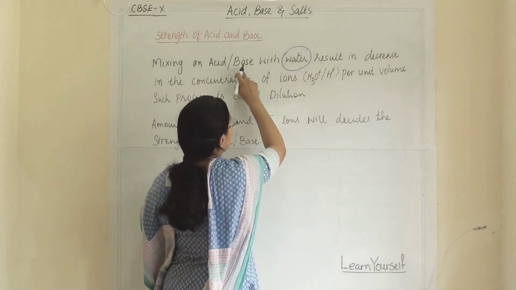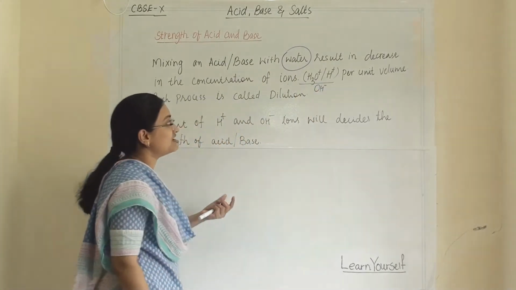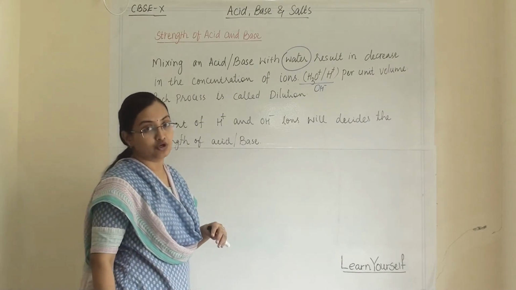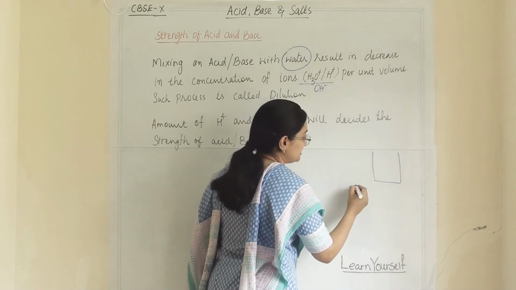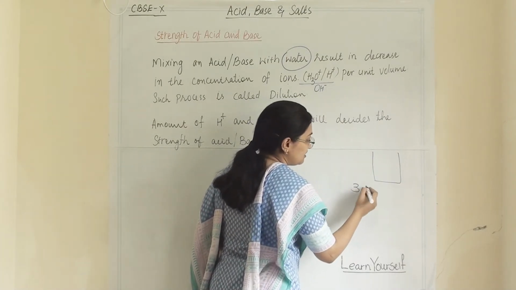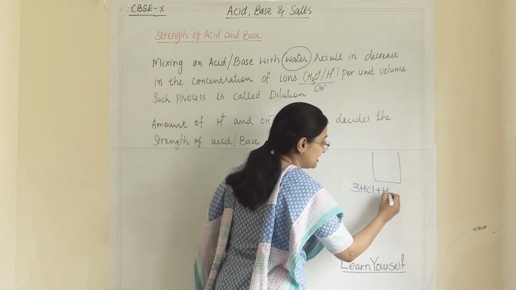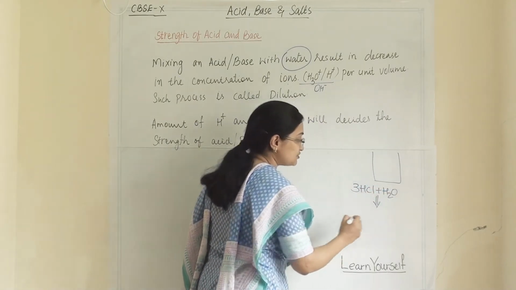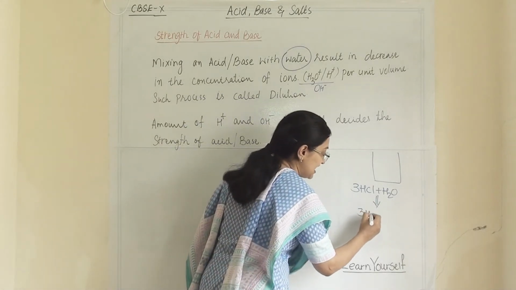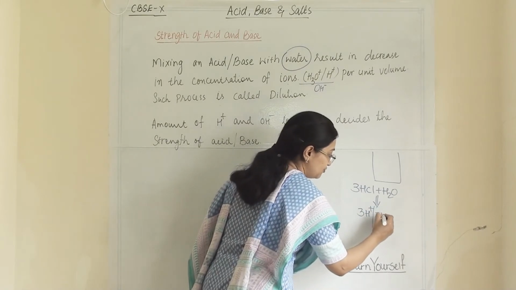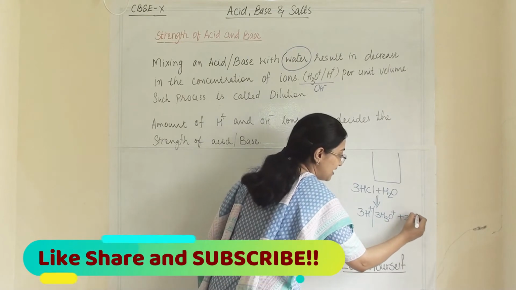When you are adding base, you will get OH minus here, and this ion will decrease per unit volume. That means if this is a beaker and you took 3 molecules of HCl, when it reacts with water, as ionization, you will get 3 H plus or 3 hydronium ions plus 3 Cl minus.